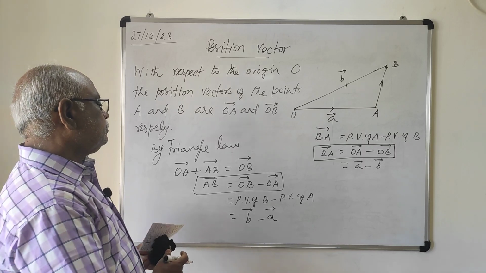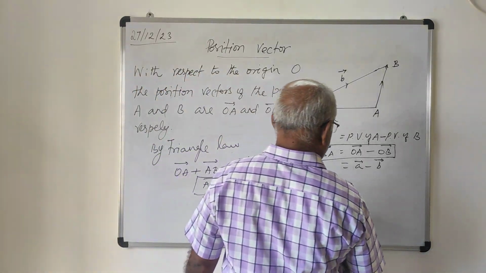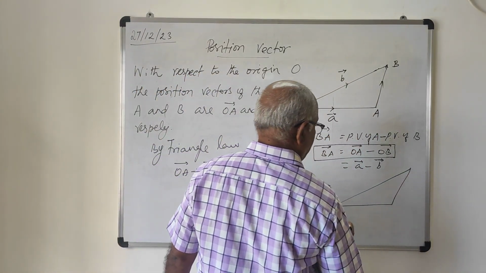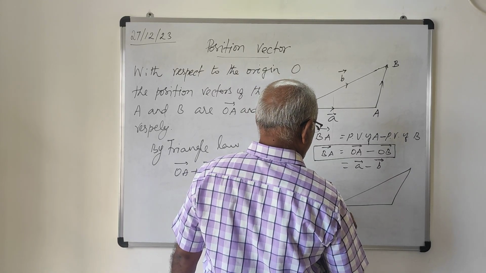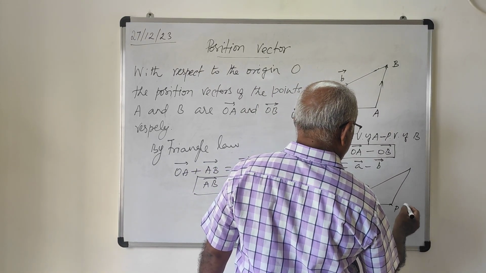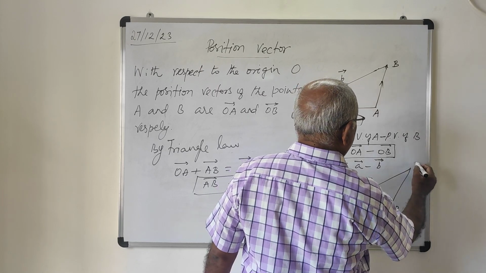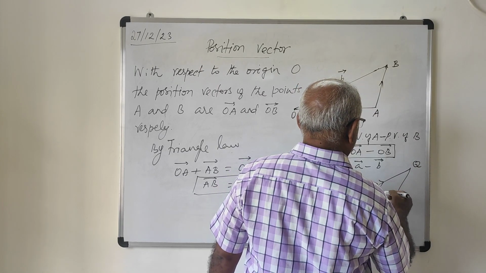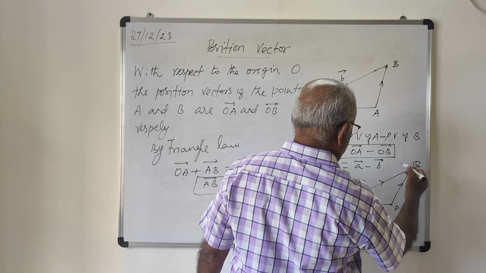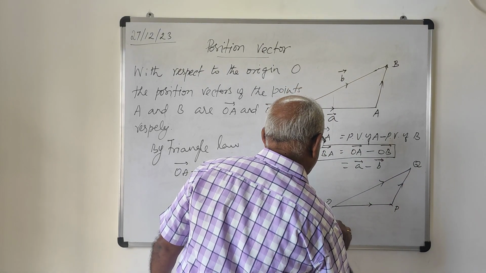One more idea. Suppose this is the origin O, and the position vector of the point P is OP, and the position vector of the point Q is OQ. I want vector PQ by triangle law.